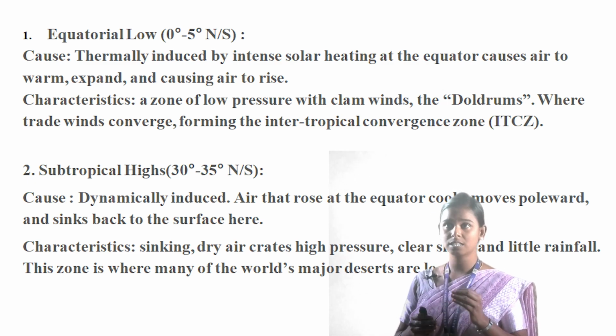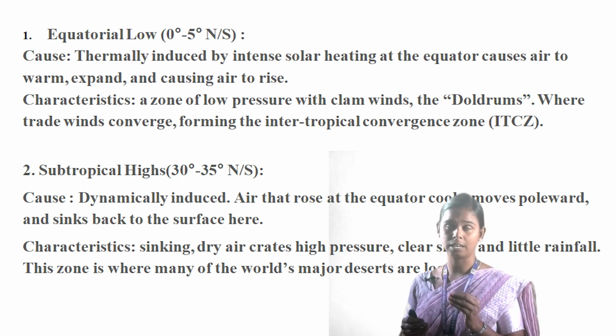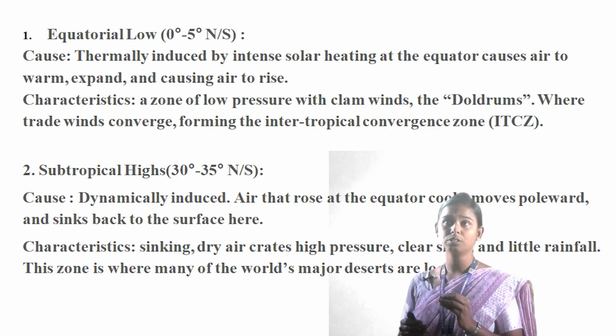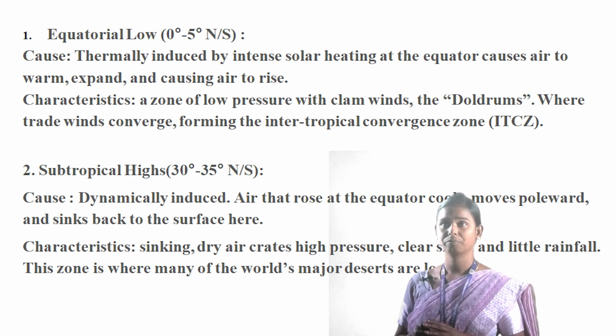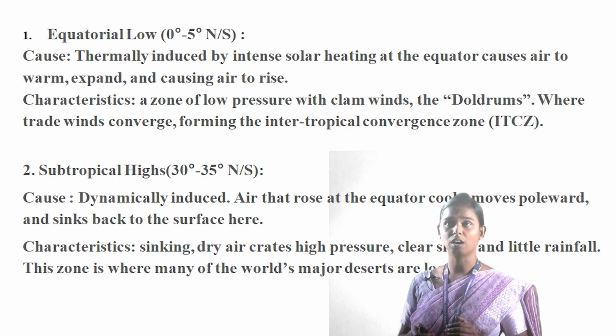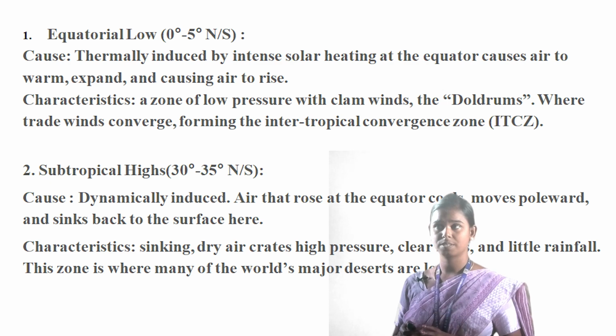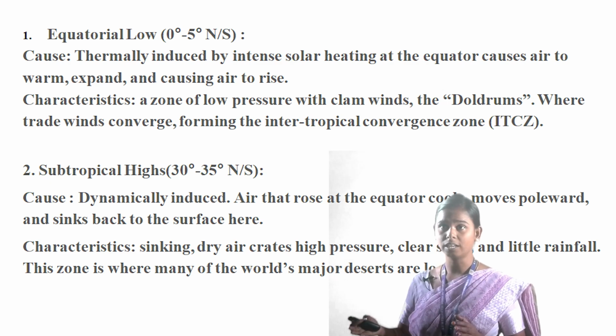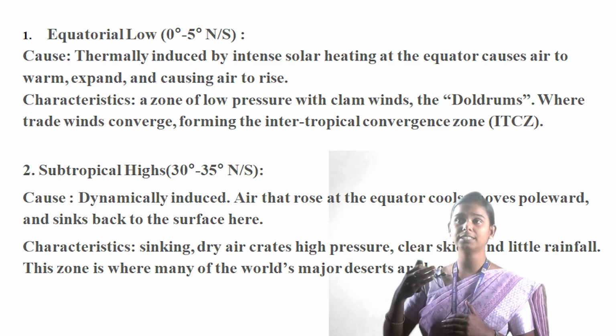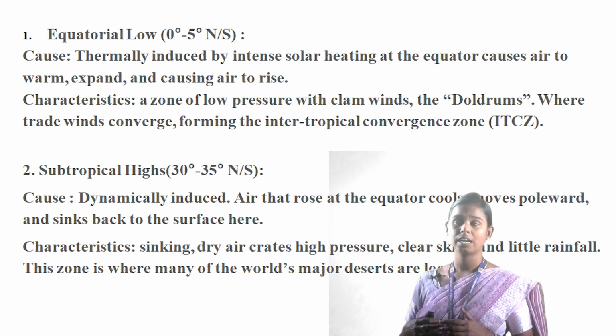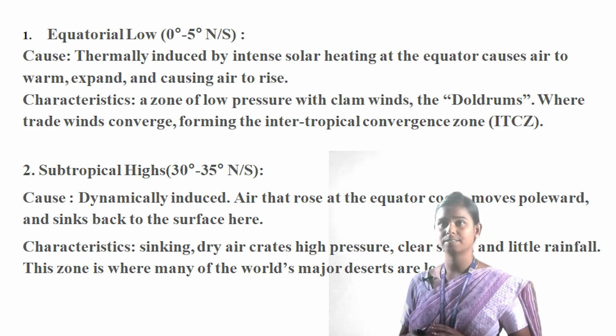Okay, it is located from 0° latitude to 5° latitude north and south. Characteristics: a zone of low pressure with calm wind, the doldrums, where the trade winds converge, forming the intertropical convergence zone. It's called the ITCZ.